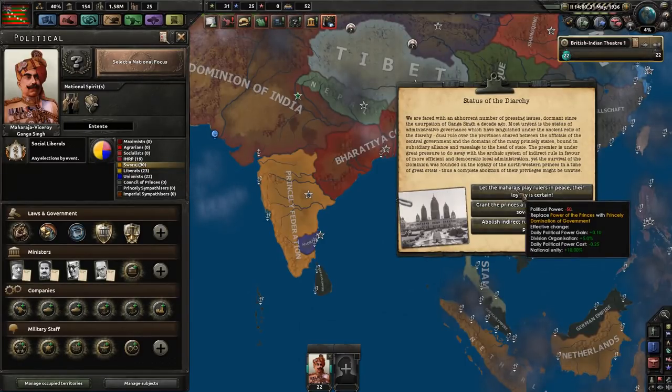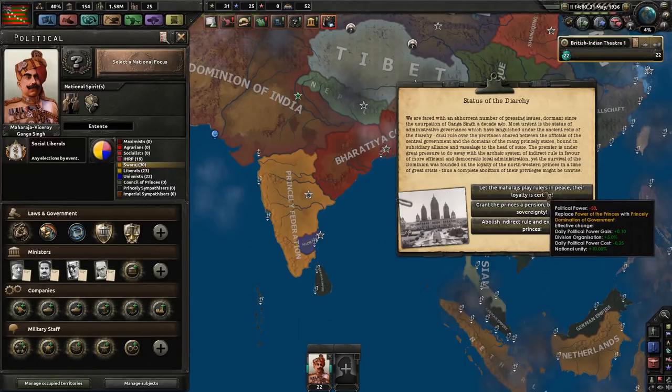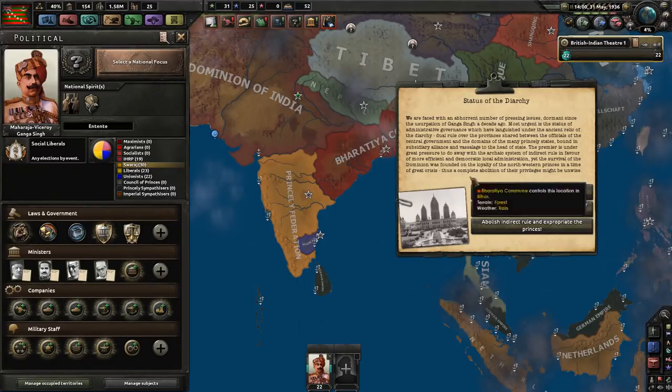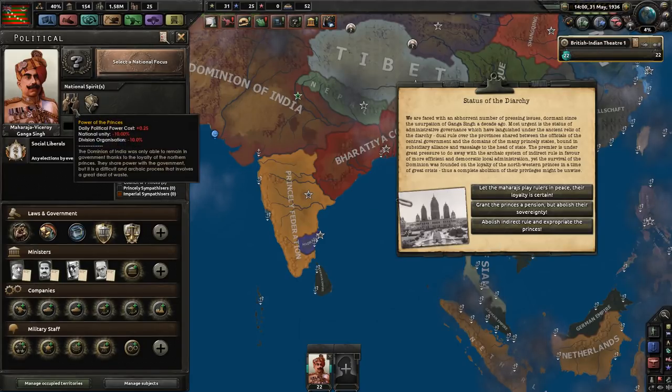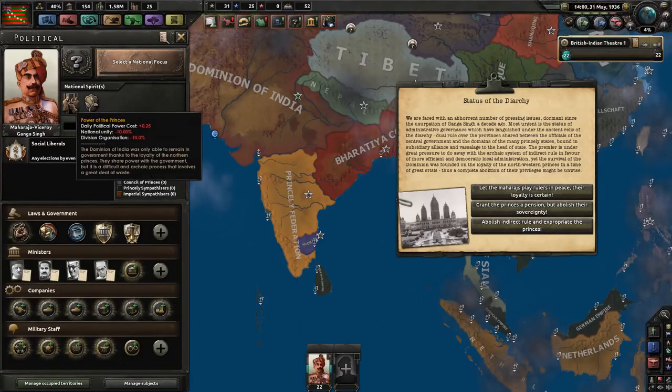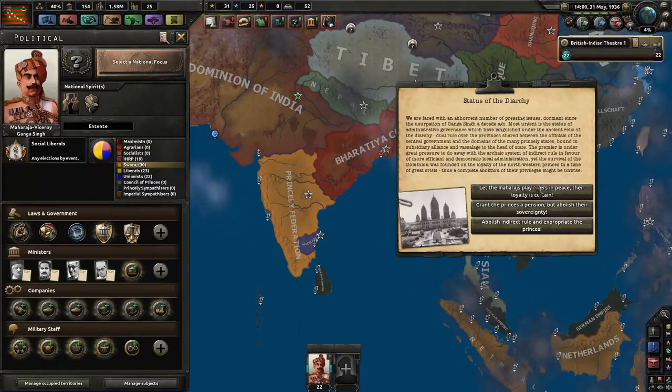You can let the princes do what they want, and you will get more political power, organization, and national unity. And keep in mind, it says change. It's an effective change. So you need to do the math on your own. So, for example, Power of the Princes is already costing you an additional 0.25 political power every day.